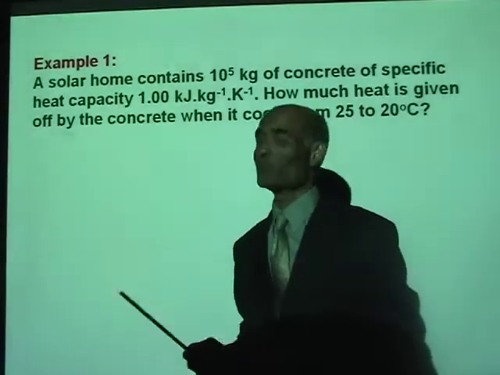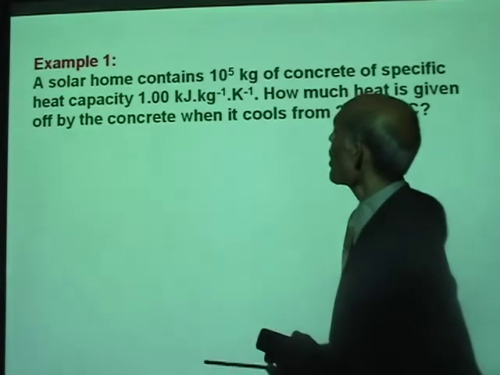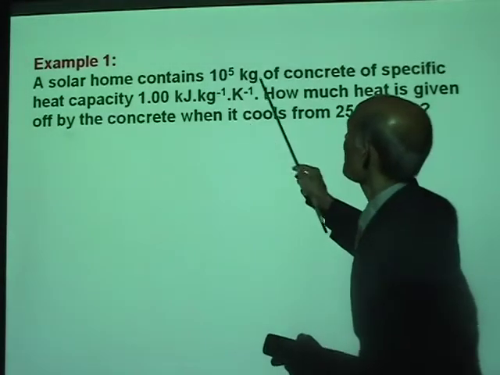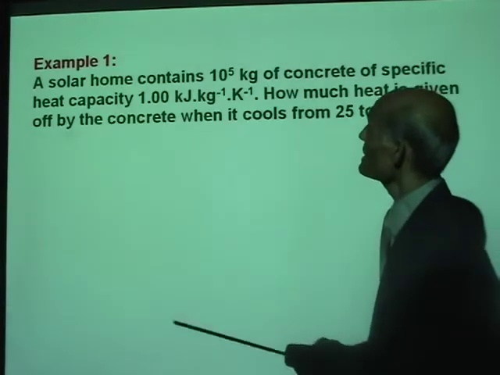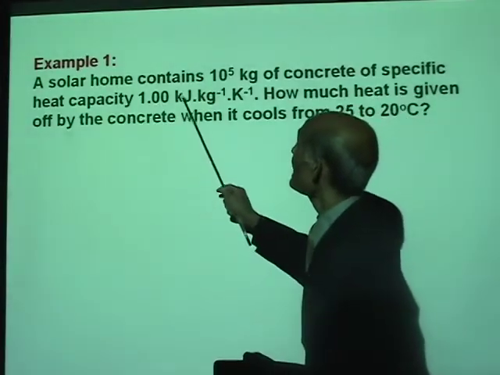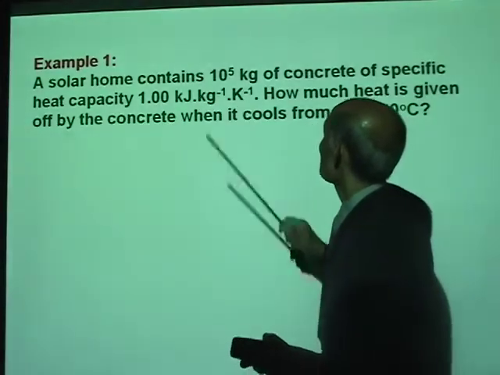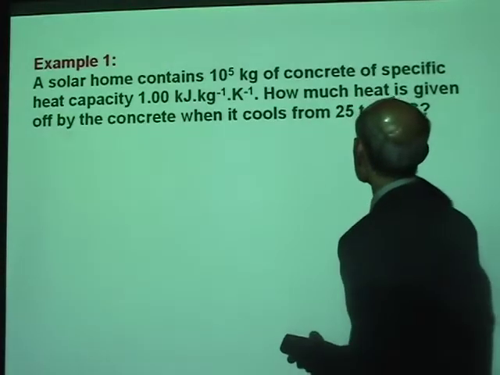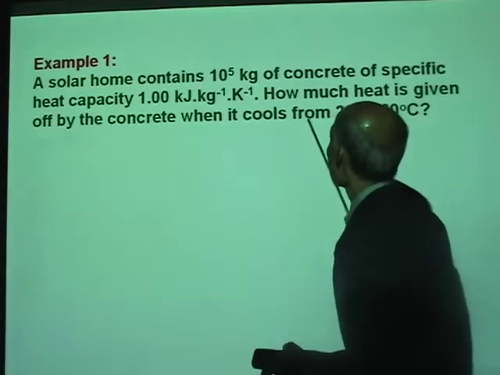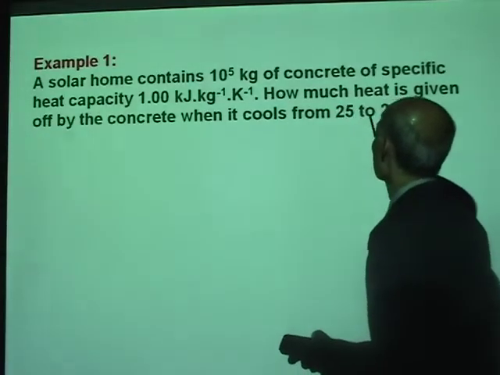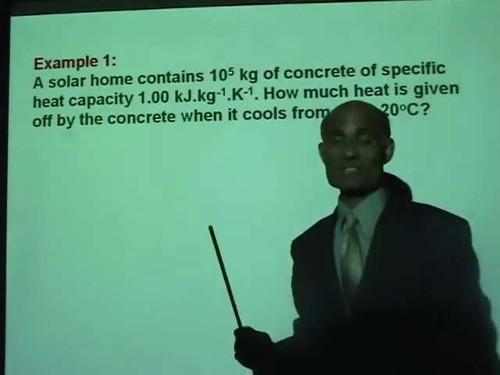I'm going to show you what calorimetry is. Let's do a simple problem. A solar home contains 10 to the power of 5 kilogram of concrete of specific heat capacity 1 kilojoule per kilogram per Kelvin. How much heat is given off by the concrete when it cools from 25 to 20 degrees Celsius?